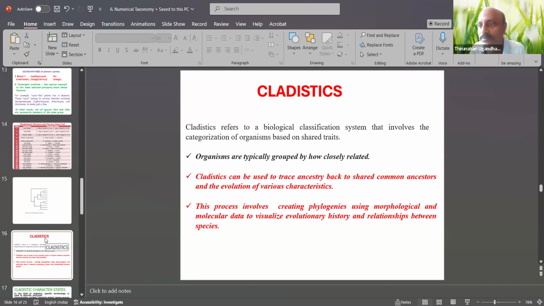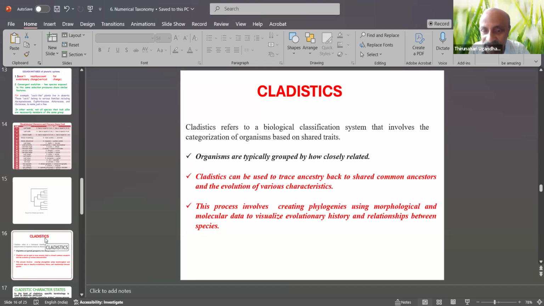It is also one type of classification of plants called numerical taxonomy. Cladistics can be used to trace ancestors back to shared common ancestors and also to evaluate various characteristics for classifying the plants.